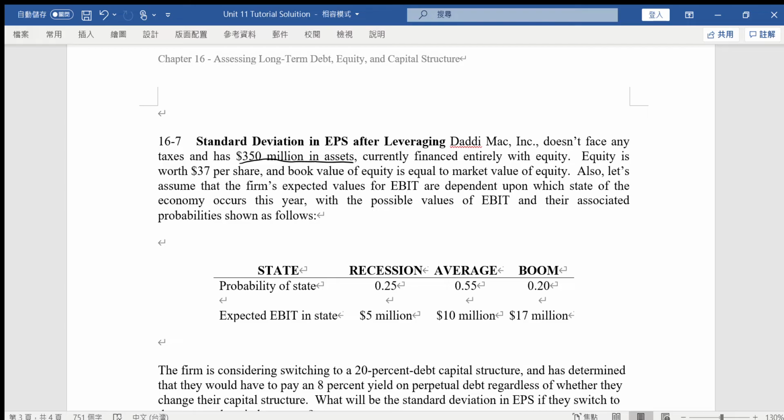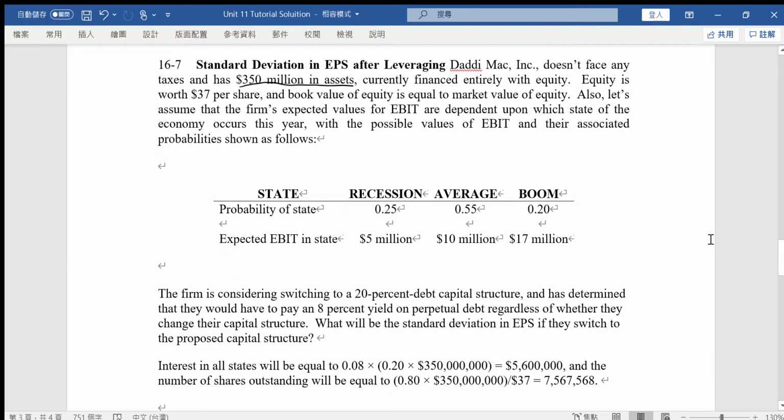Now, we look at three different situations about the probability of the state of the economy. Recession is around 25%, average 55%, booming is 20%. Then the earnings before interest and tax are 5 million, 10 million, and 17 million.